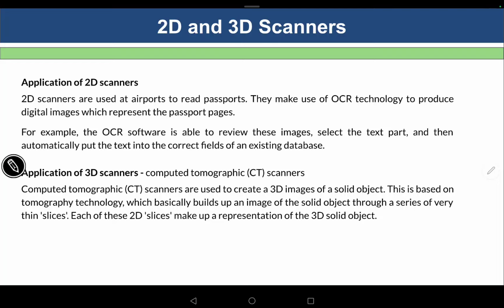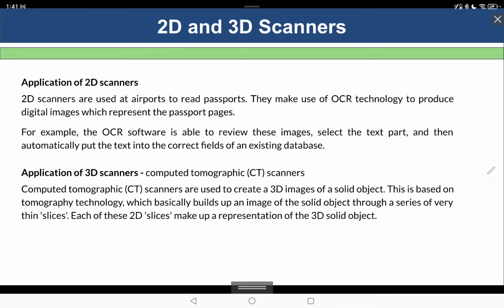Let's look at an application of 3D scanners. Computed tomographic scanners are used to create a 3D image of a solid object. This is based on tomography technology, which basically builds up an image of a solid object through a series of thin slices.